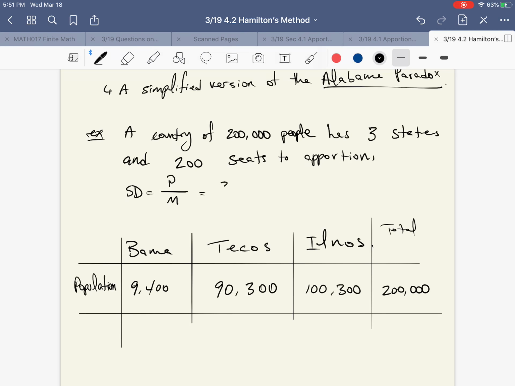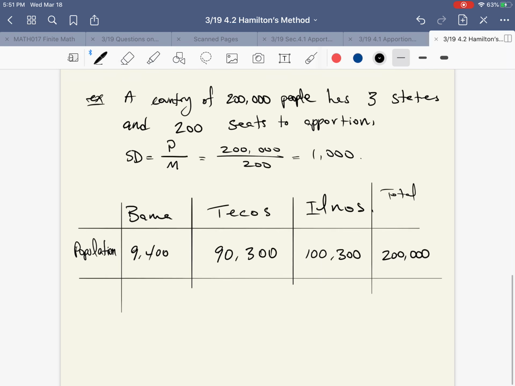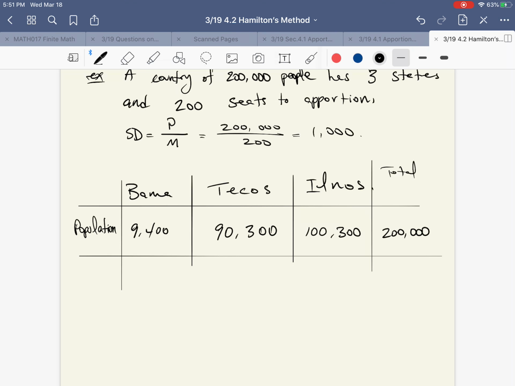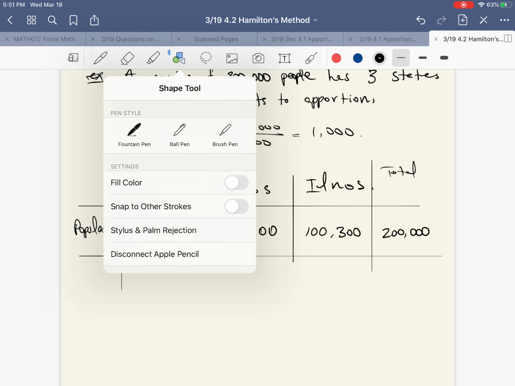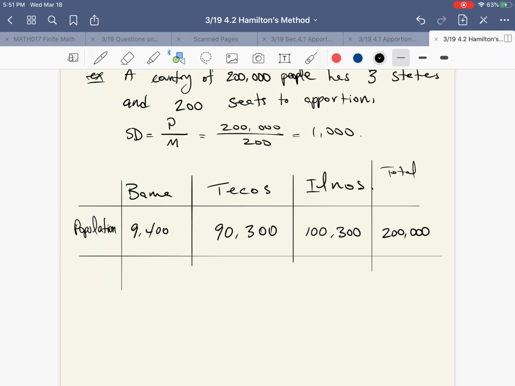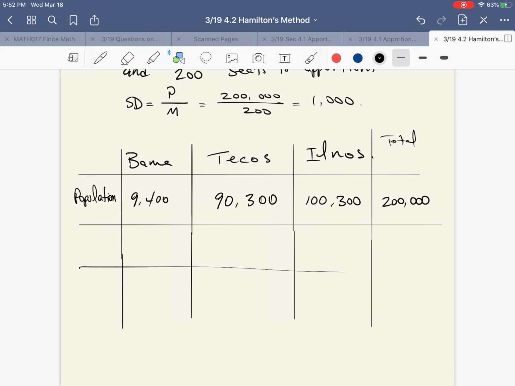So this will just be 200,000 divided by 200 seats, and we'll get a standard divisor of 1,000. That's a nice one to work with, because now, if we want to calculate our standard quotas, it's going to be very helpful to have a nice and even standard divisor. So let's do that next.